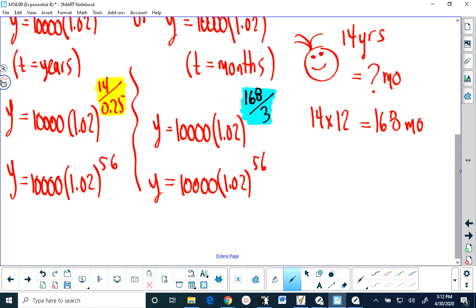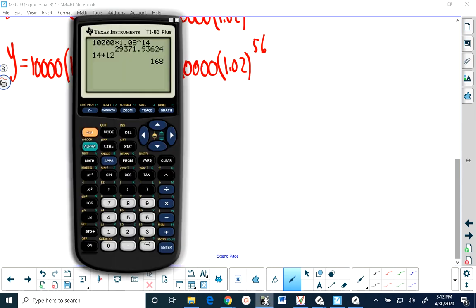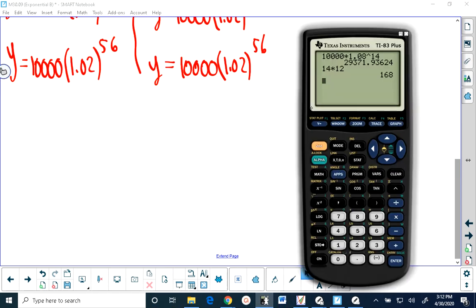That $10,000 is going to be multiplied by 1.02 and 1.02 and 1.02. I'm not going to say it 56 times, but it's going to be multiplied by 1.02 56 times because she gets interest 56 times. So regardless of how we approach the problem in terms of what we use for t, the answer is going to be the following.